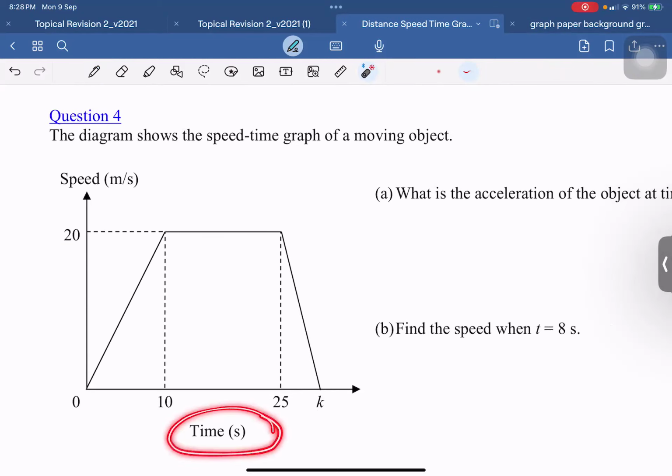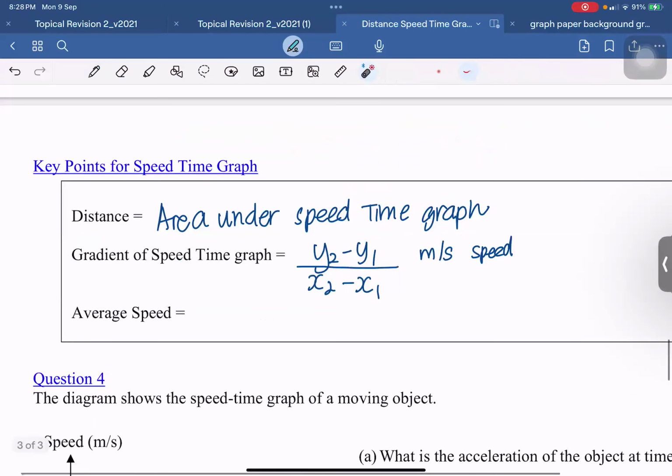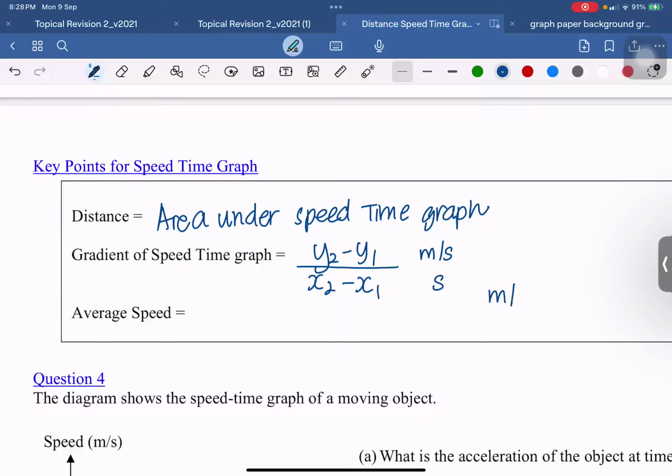Seconds, which is my time, right? So looking at the units, meters per second divided by second. What do you get? We don't get meter. We get meter per second square.